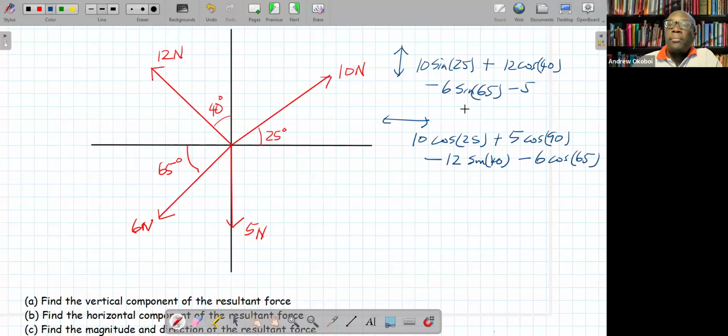And I get my answer as 2.98. You tend to use 2 decimal places. So this is 2.98. That's my answer. Then I'll do the same thing for the other one.